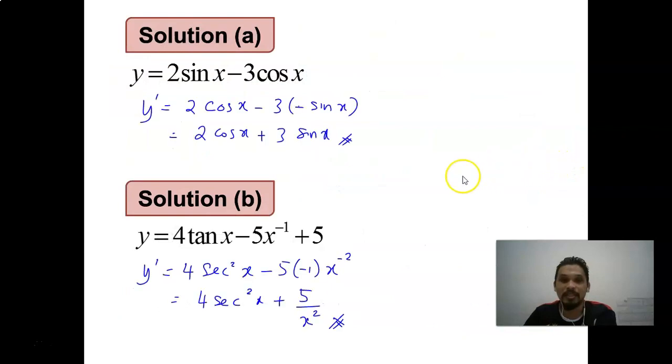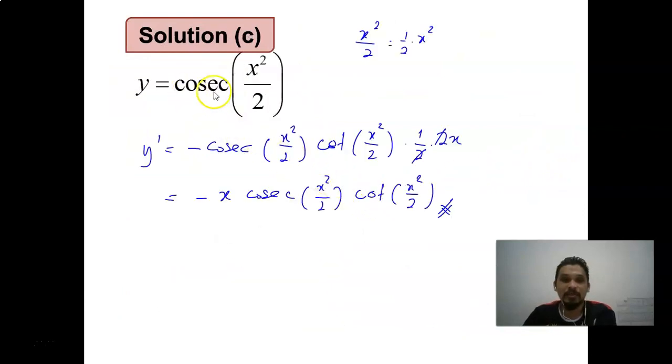So in this case, differentiate cosecant f(x), then differentiate cosecant, negative cosecant cotangent, and differentiate the function inside. It gives you half 2x and divide by 2 here to bring x in front, negative x cosecant x squared over 2 cotangent x squared over 2.